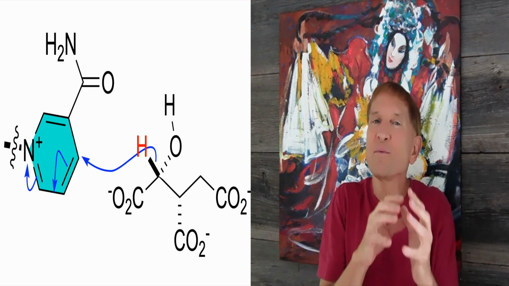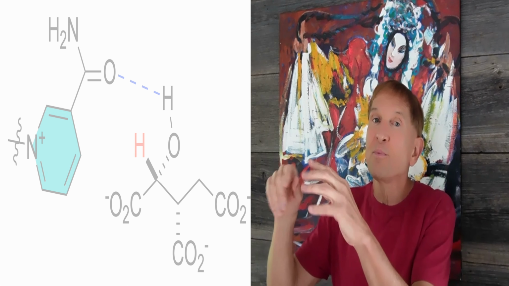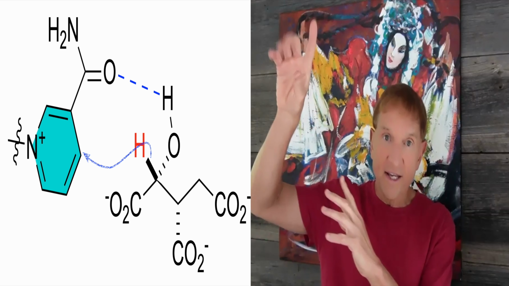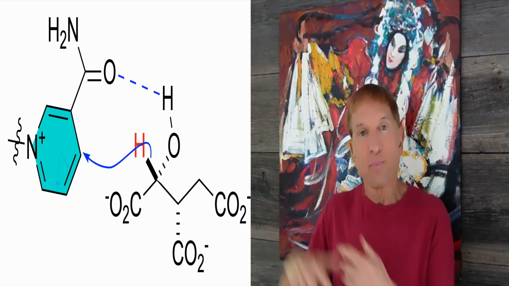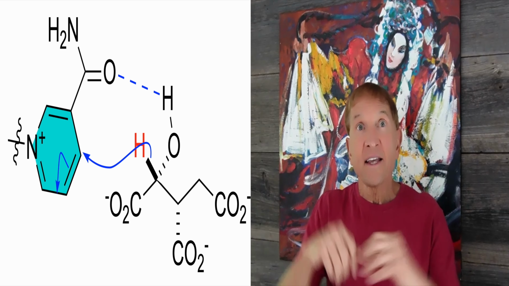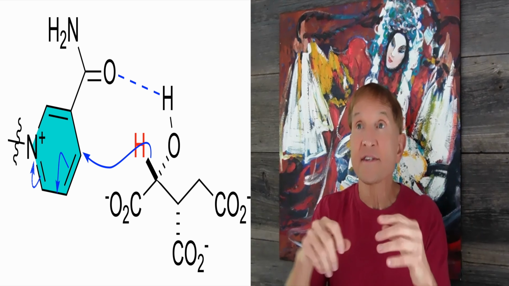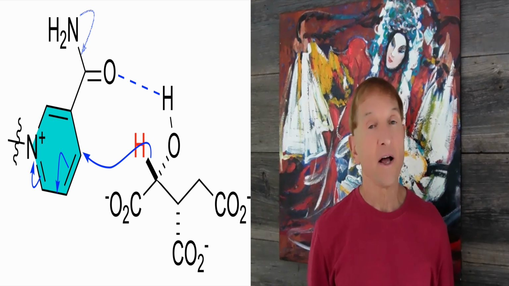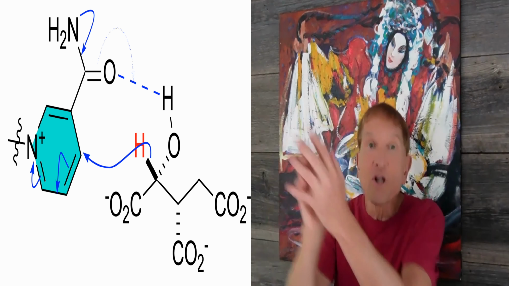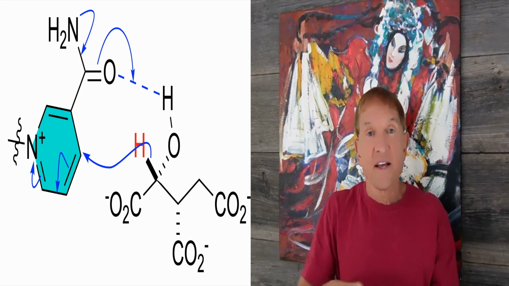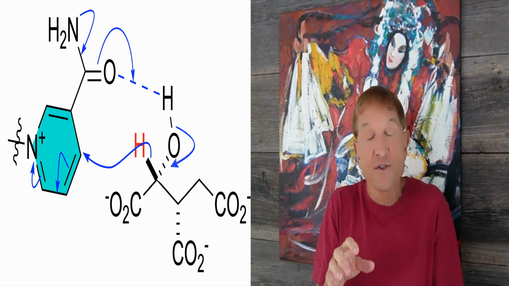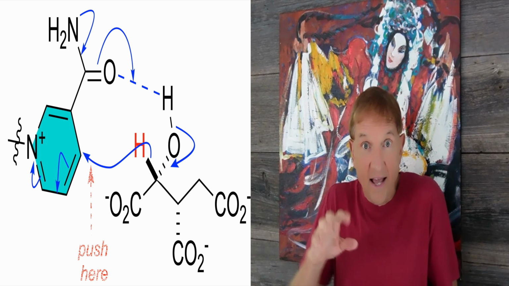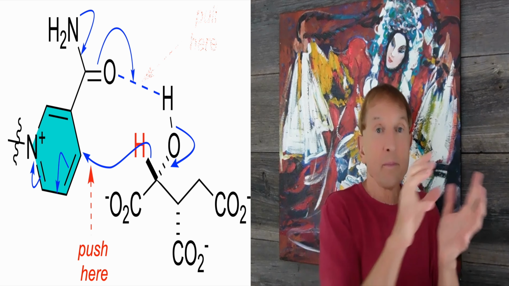The amide simultaneously hydrogen bonds to the OH group. When it does that, it pulls on the H+. Keto-enol tautomerizes to give us the enol form of the amide. So it's pulling on that proton as the substrate, isocitrate, delivers that H alpha to the piperidinium.